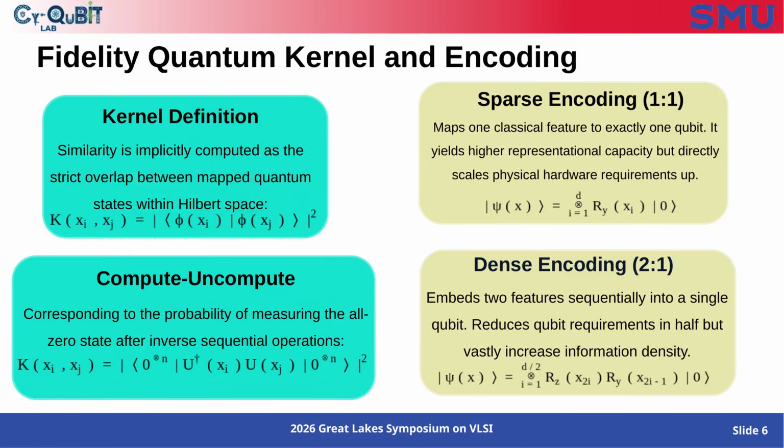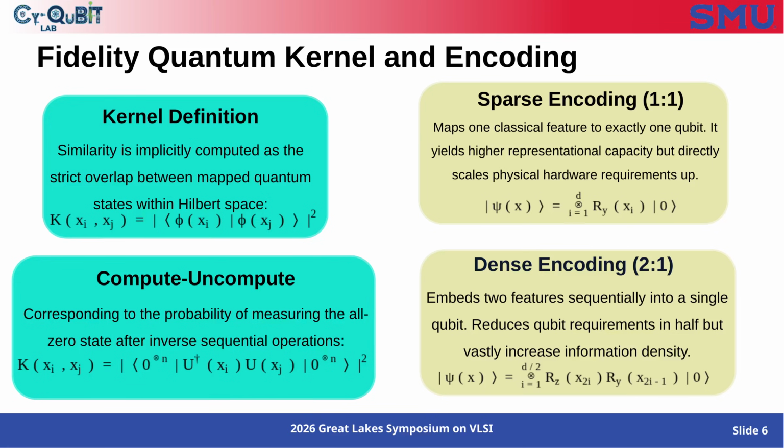This slide explains the fidelity quantum kernel and the two encoding strategies. The kernel measures similarity by computing the overlap between quantum states in Hilbert space. In practice, this is evaluated using a compute-uncompute procedure, where the model estimates the probability of returning to the all-zero state after applying inverse circuit operations.